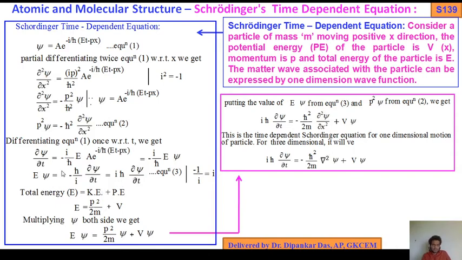How is it possible? i h bar, since minus 1 by i equals to i. So that's why we can write i h bar del psi by del t.